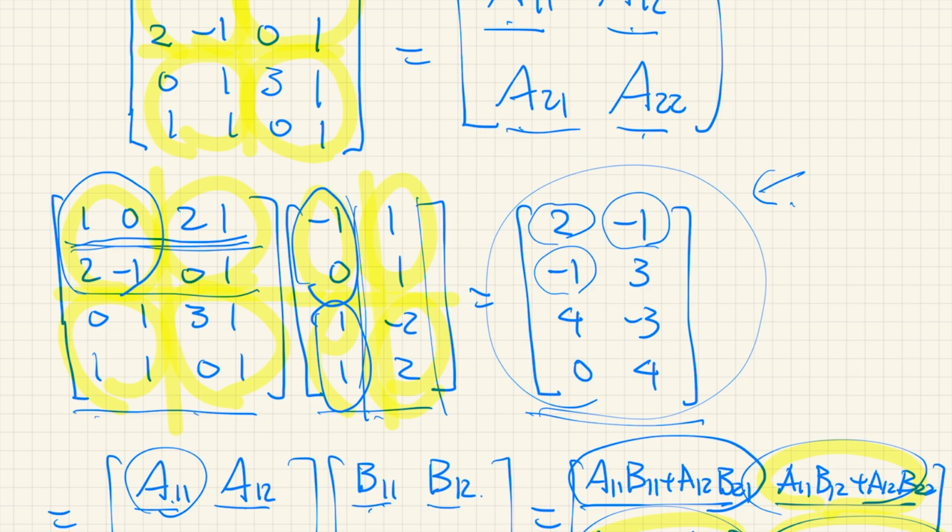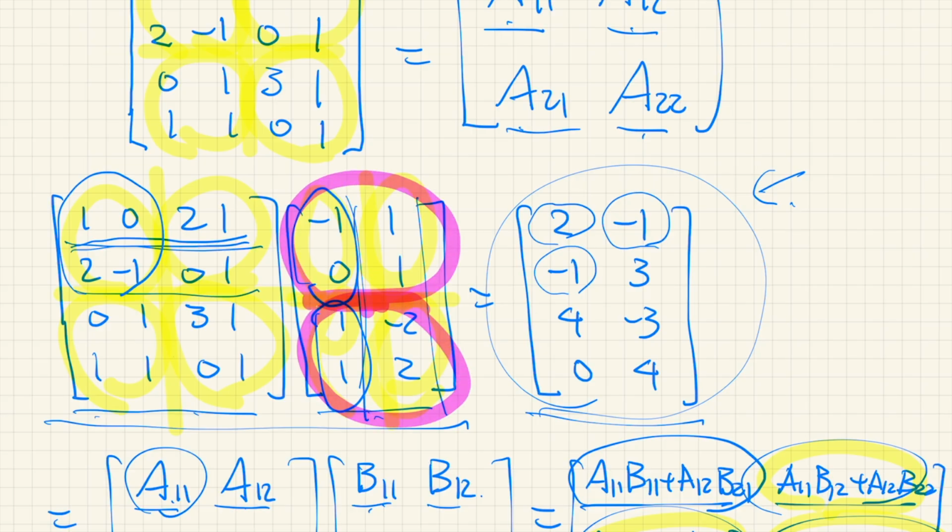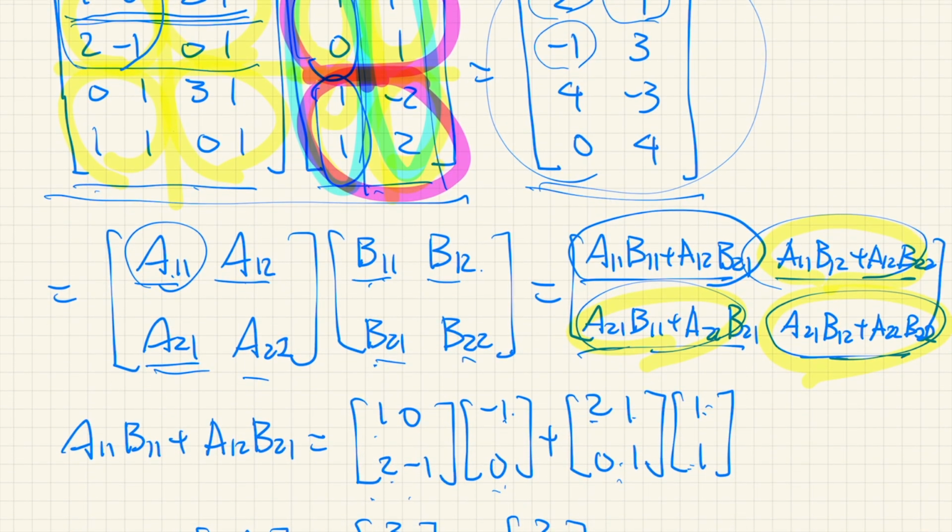And the way you partition a matrix is not unique. So for example, in this example, you could partition the second matrix into two blocks, for example, like this block and this block, or this block and this block. But of course, after partitioning, the form of the matrix should be compatible with the matrix product.